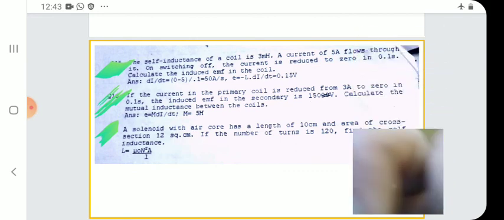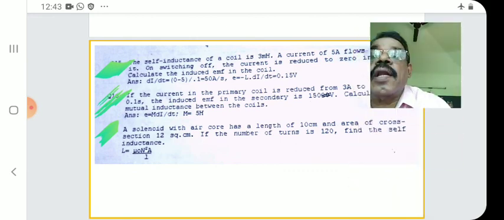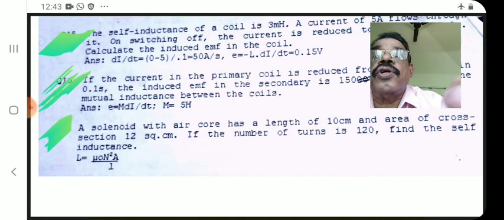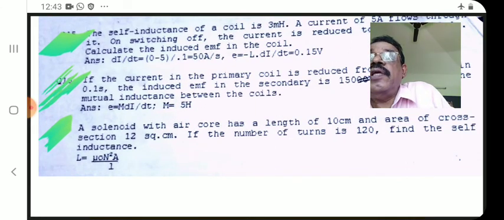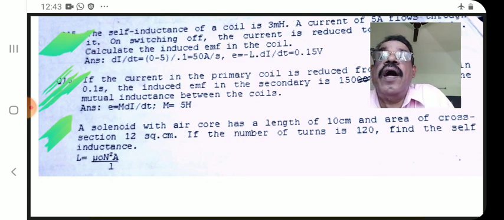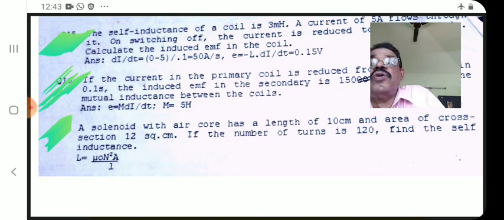You can simplify it using that relation. Here n is equal to 120, A is equal to 12 square centimeter, 12 into 10 raised to minus 4 meter square, mu 0 is 4 pi into 10 raised to minus 7, length 10 centimeter, 0.1 meter. You put all the values in the equation and calculate.